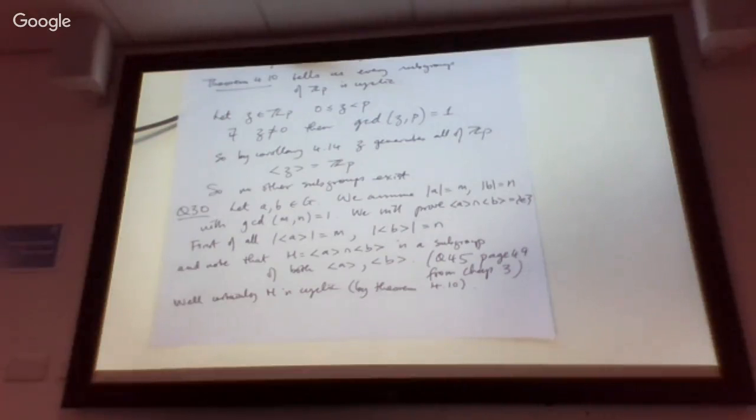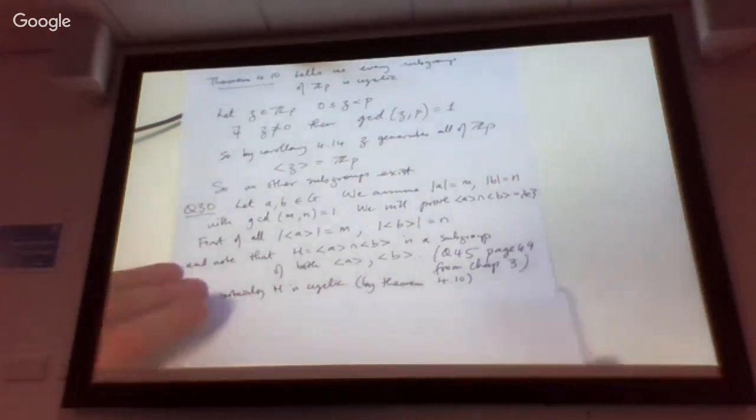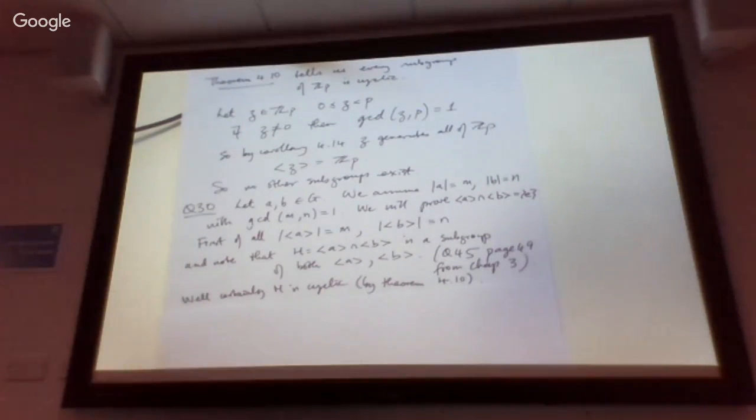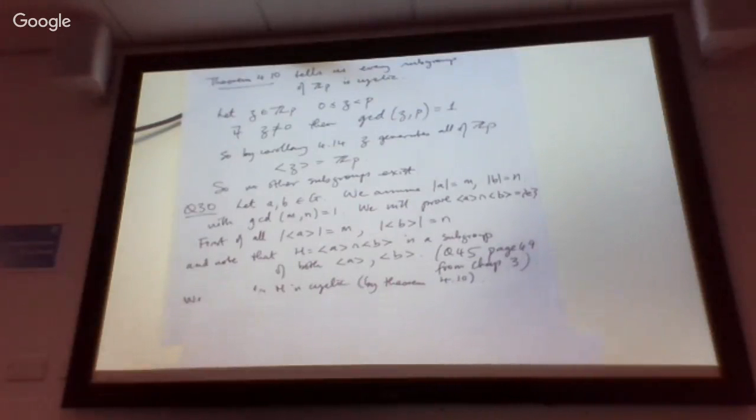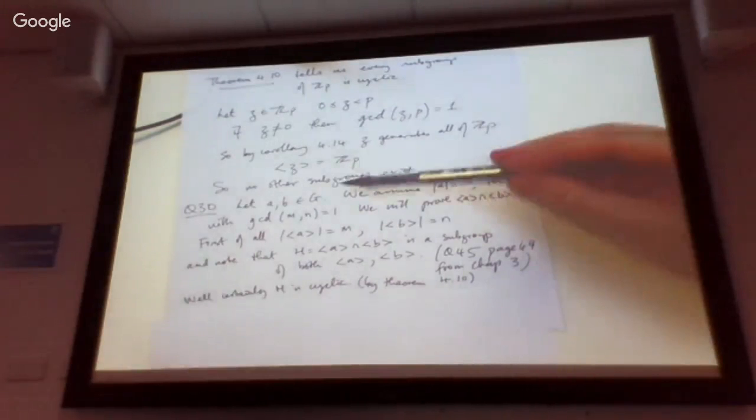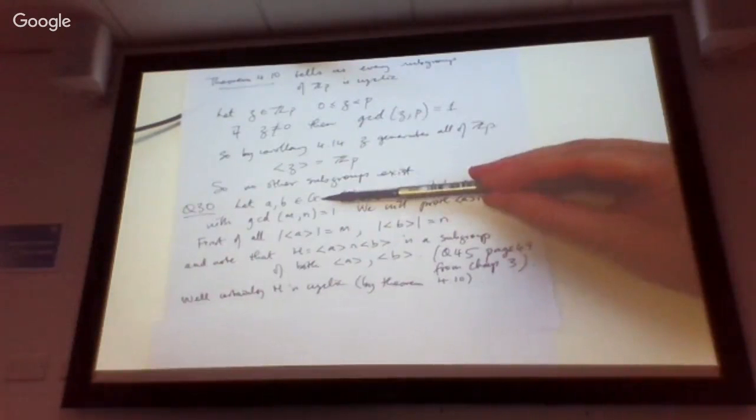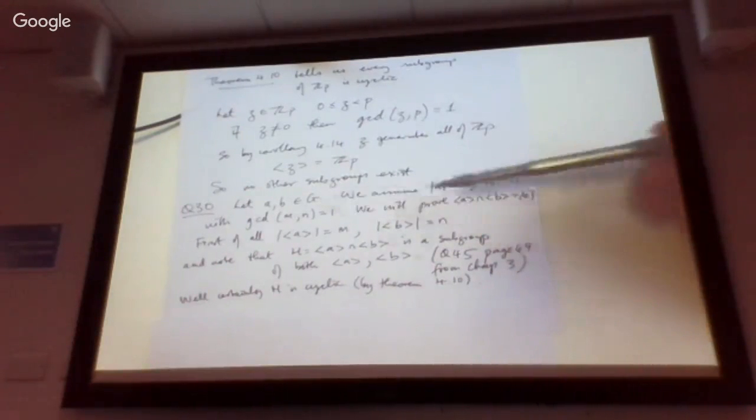It's just the definition of the order of an element. And note that if you let H be the intersection between the two subgroups, this is a subgroup of both subgroups. That was something back in the previous chapter.